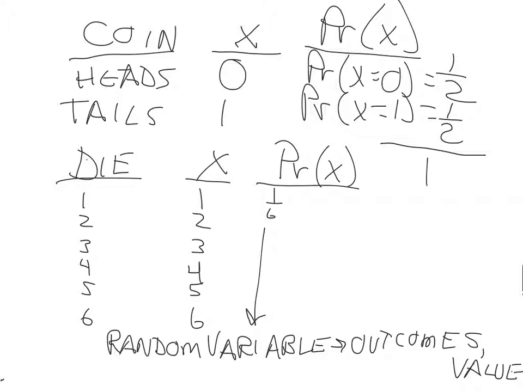So that's pretty good. And that leads us to some general case principles. The probability of any particular outcome, the probability of x, is always between 0 and 1 inclusively, by definition. It can't be negative, it can't be greater than 1.